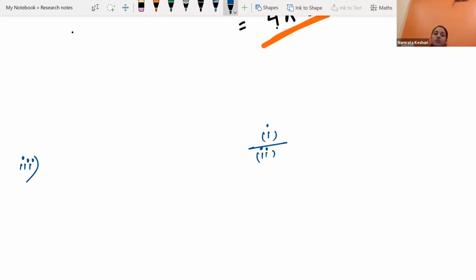When we are finding the ratio, we will see the ratio between what and what: 2 is to 1 or 1 is to 2. If someone says to find the ratio between the age of Rahul and Rohan, we carefully take Rahul's age in the numerator and Rohan's in the denominator.